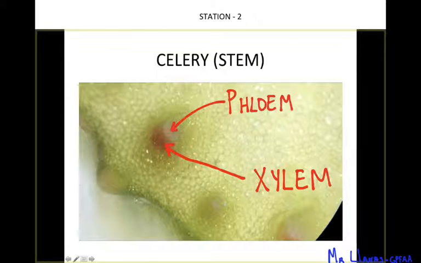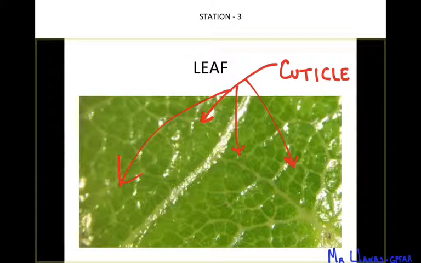The reason the red part is xylem is because the water gets absorbed up the stems, in this case the celery, and since we dipped it in water that was colored red, that shows us the xylem.